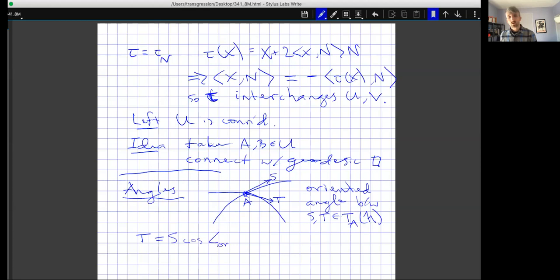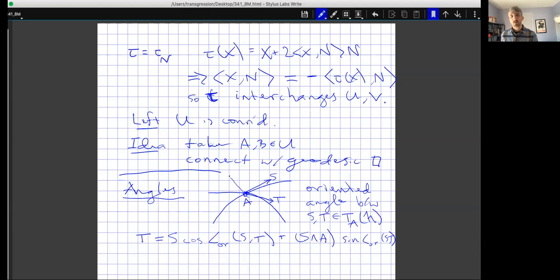So I'm going to write angle sub o for oriented angle between S and T, plus S wedge A times sine of the oriented angle between S and T. And remember that S wedge A is going to be a normal vector for this other curve.